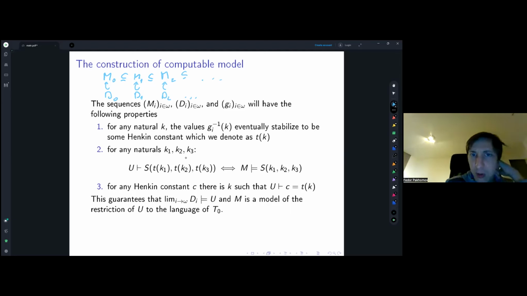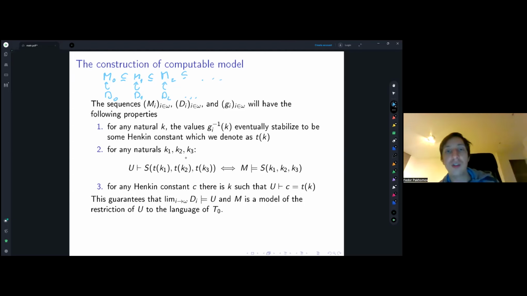So for any natural number K, this value, the inverse G_{i-2}^{-1} of K, should eventually stabilize to be some Henkin constant. What I mean by this is that from a certain point, K is always in the range of Gi, and furthermore, after some point the pre-images of K are the same, right?